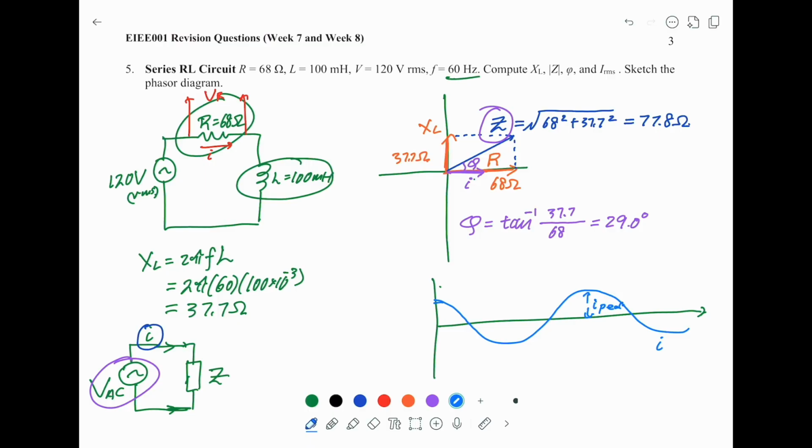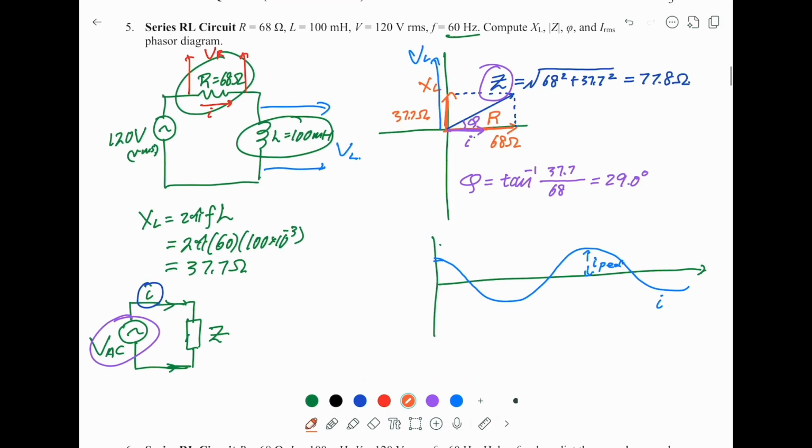Next, the XL, the inductive reactance. This will be in phase with the voltage across the inductor. Now this is 90 degrees ahead, so we shift the blue curve to the left by 90 degrees, and we don't know how much, we just roughly guess.